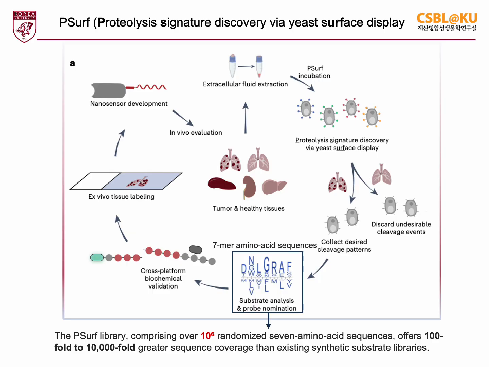By subtracting sequences cleaved in normal tissues and enriching sequences cleaved in tumors, they identify substrates that report disease-context proteolysis with higher specificity. These selected substrates are then taken forward into validation assays and engineered into functional probes for tumor imaging and urinary detection.